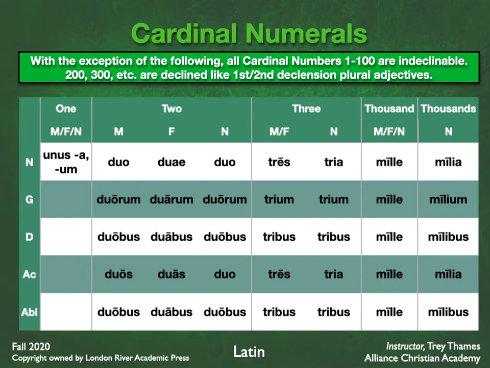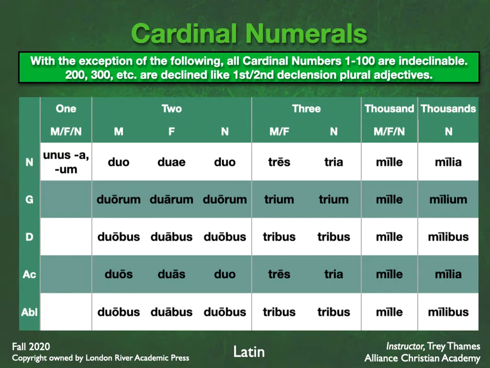Now, the other word that is declined is the word thousand. Notice there are two different words here in the right column, thousand and thousands. Thousand, singular, has masculine, feminine, neuter, and they're all the same. It doesn't matter if it's nominative, genitive, dative, accusative, ablative, it's all mille. And notice the two L's there. When you have that word, it means 1,000.